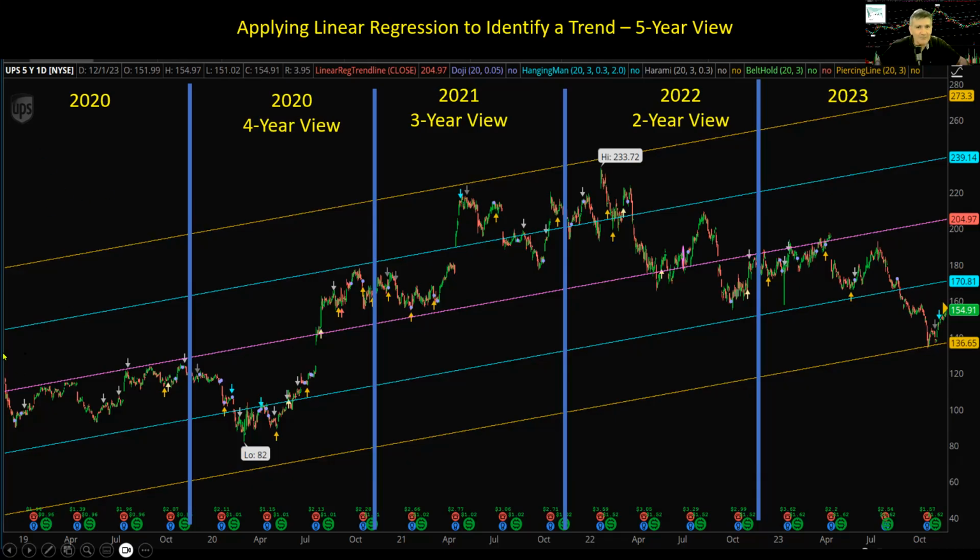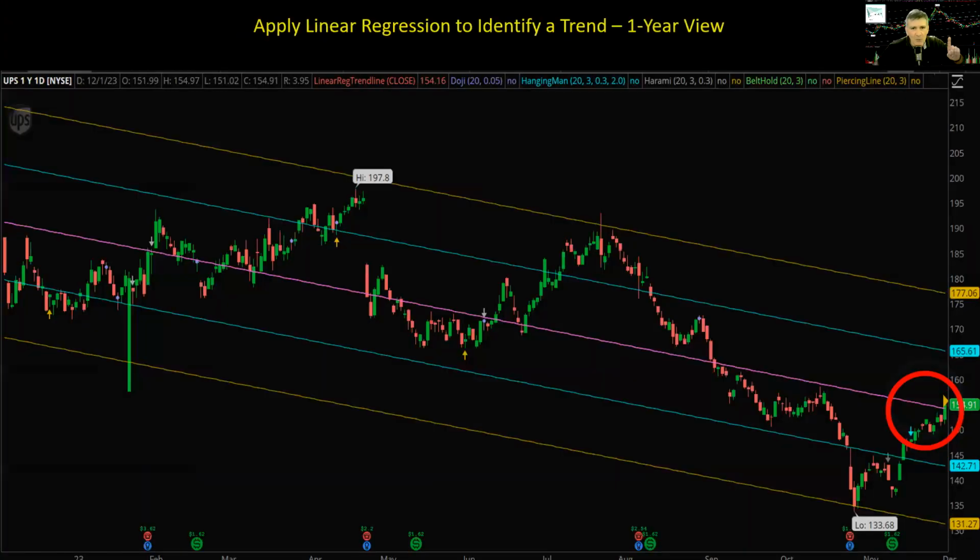And again, that's probably December 2019, technically speaking. So one of the things that we want to take a look at in this regard is, where is the price relative to the channel? Now, remember, this is the 5-year view. This is not a 1-year view.